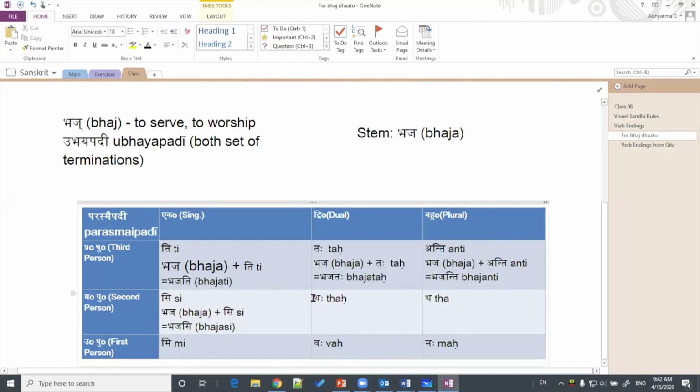Here there are no complications. Same thing in bhajatha. Sorry, not si.